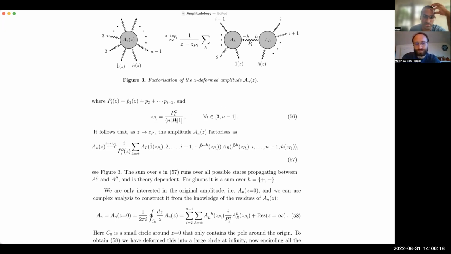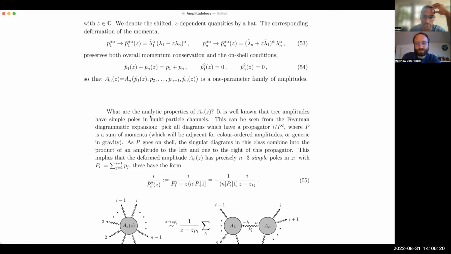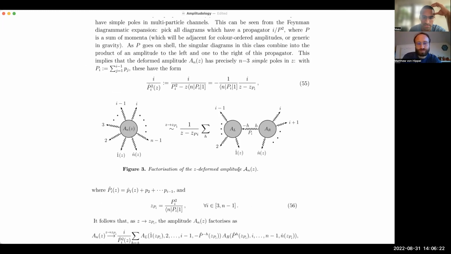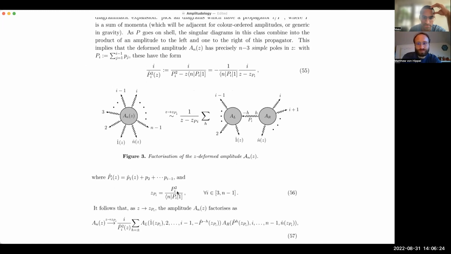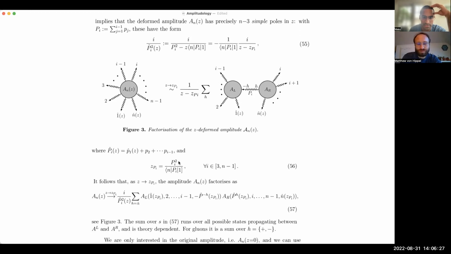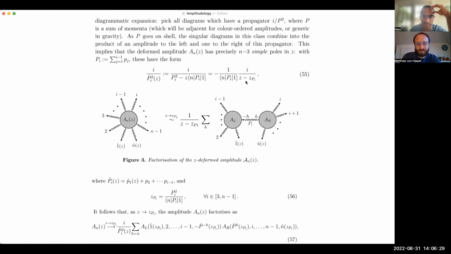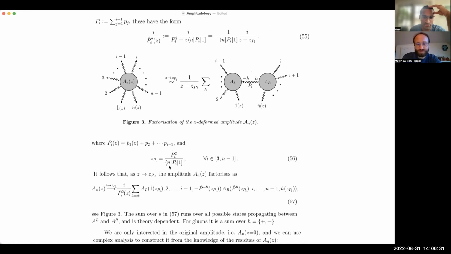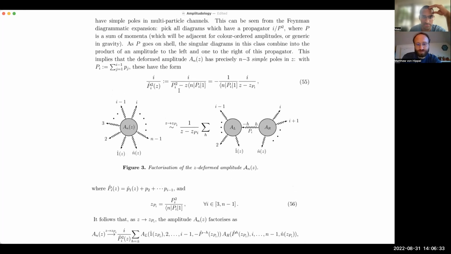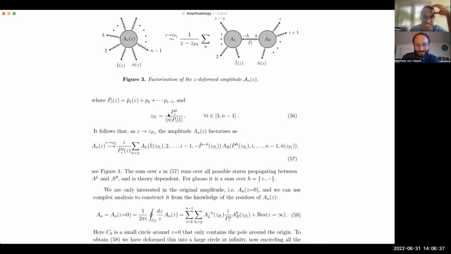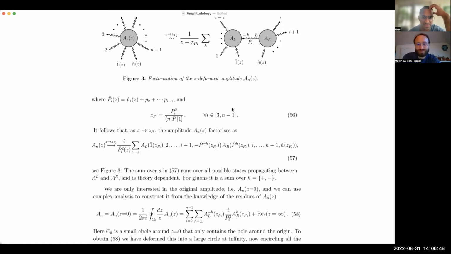This is where I expect this denominator to vanish, basically when this thing vanishes. And that's just P_I² divided by this sandwich thing for all the I's that are not 1, 2, or n. It's just this funny convention.